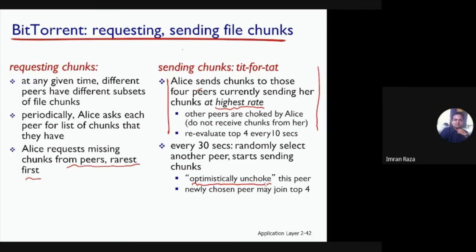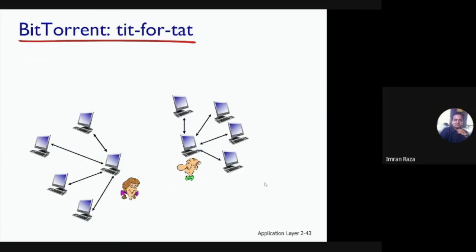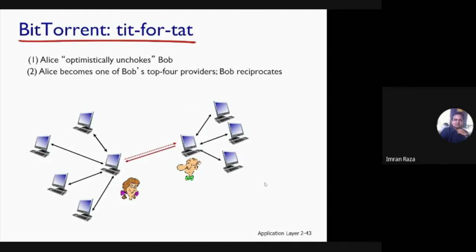So what I'm saying is that after every 30 seconds, Alice will optimistically unchoke another peer, say, Bob, hoping that Bob will be one of her four top providers, right? And Alice starts sending data, and Bob reciprocates and also sends data at a high rate and becomes one of the top four providers of Alice.